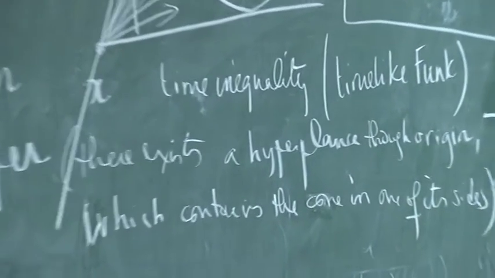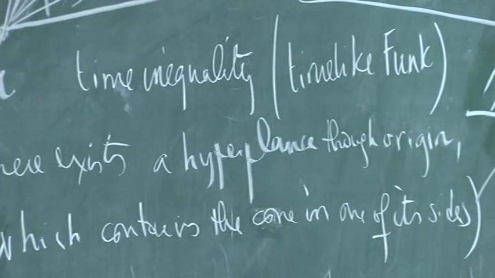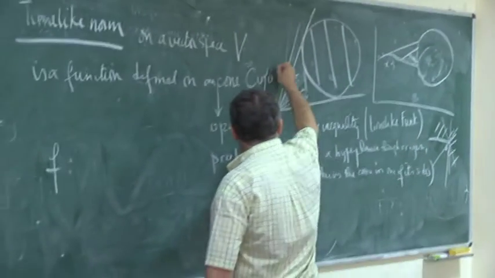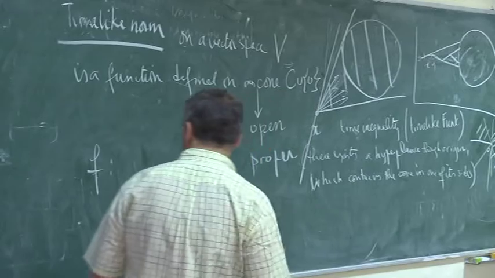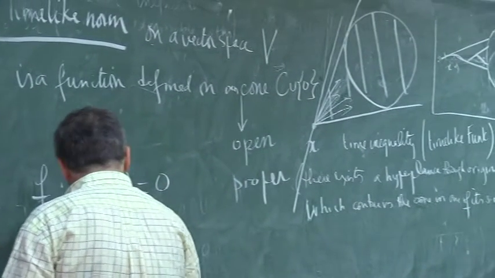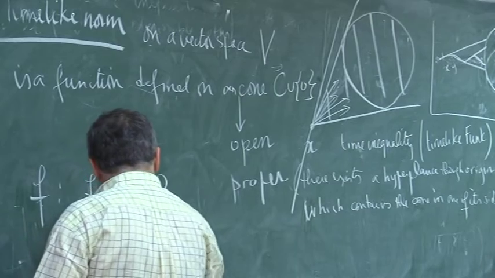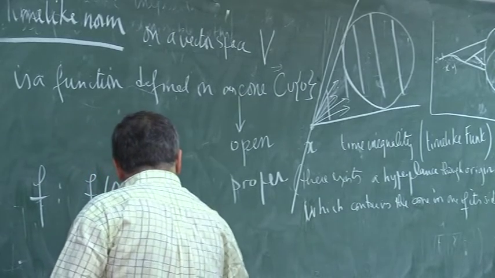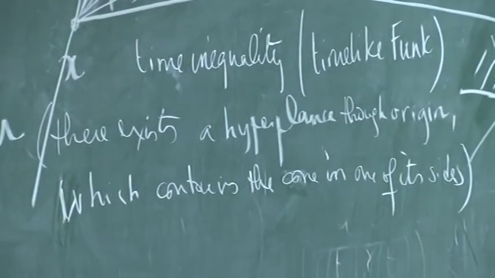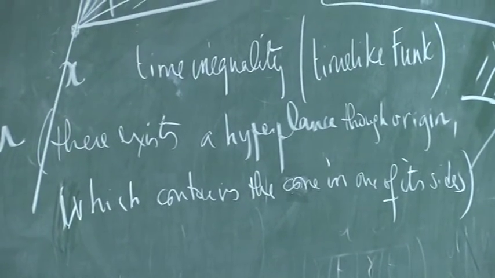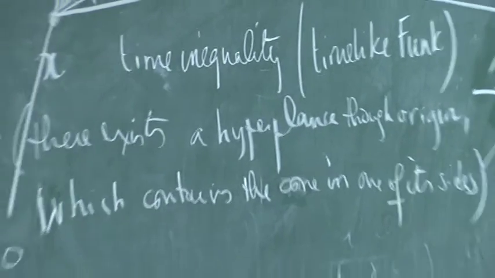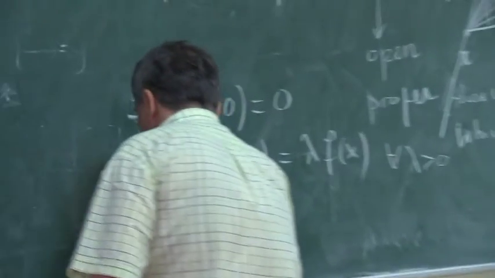So we have an open proper cone, and then this function f satisfies, defined on an open cone, and I want to include the origin here, such that f of 0 is 0. f of lambda x equals lambda times f of x. So these are the usual properties of a norm. This is for every lambda positive. And the third property is that concaveness property.